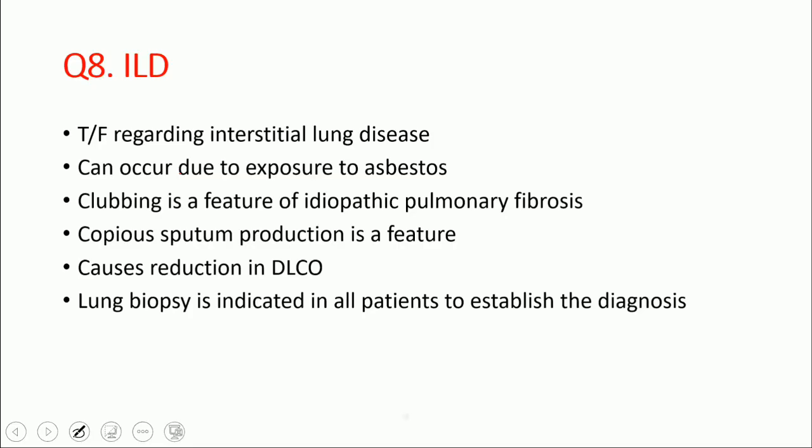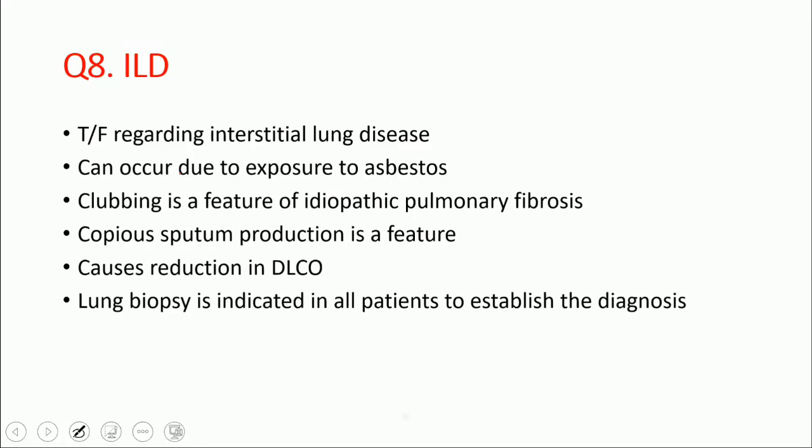All right. Then I told you, when you're establishing a diagnosis of ILD, you have the clinical syndrome and the cause on one side. But then you have to do a lung function test, and the lung function test shows a restrictive pattern.